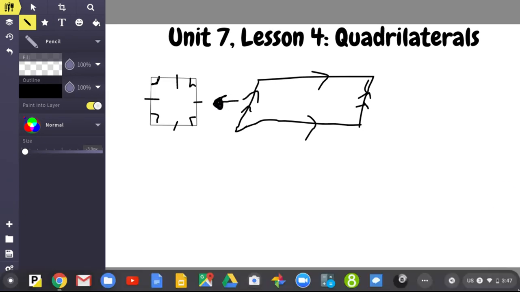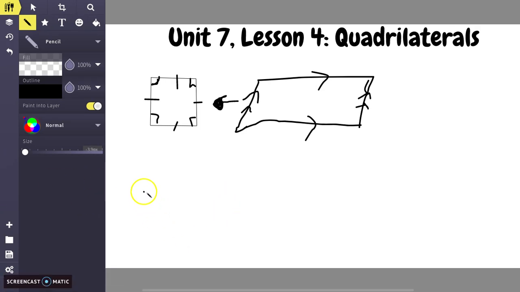So now the next thing I said was that it was a rhombus. Let's see what a rhombus is. So that's what kind of shape it looks like, but what factors are true about that? So there's equal sides. All the sides are equal. That is the case, even though it doesn't look like it in the drawing.